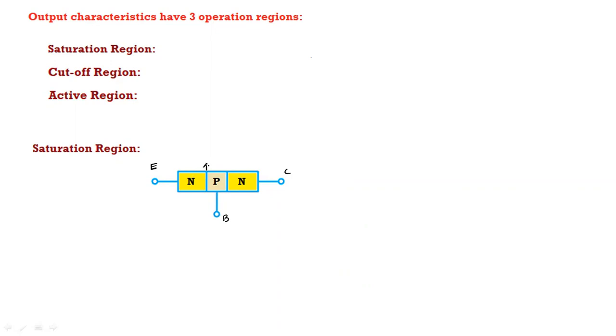The first one is the emitter junction, and the second one is the collector junction. In saturation, the emitter junction is forward biased. The collector junction is also forward biased.